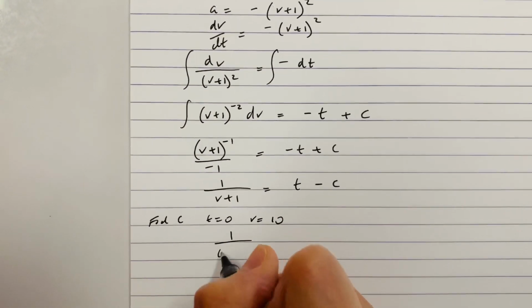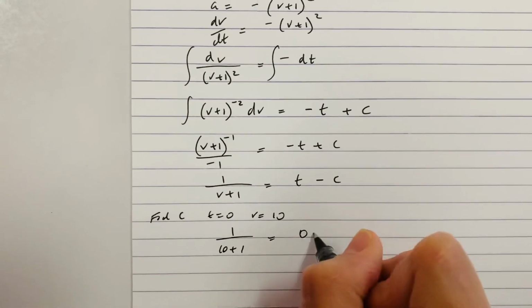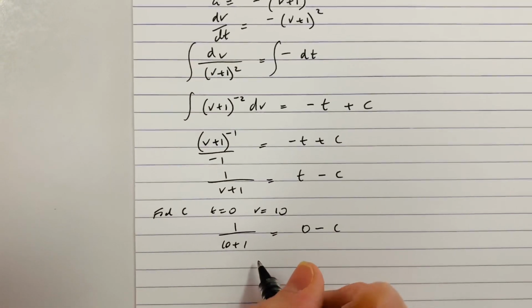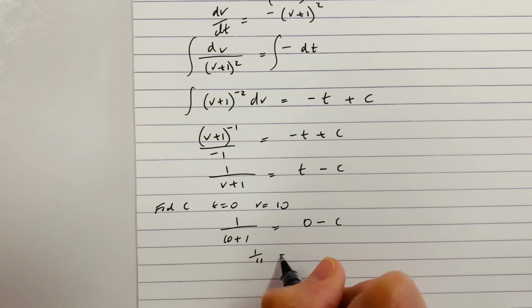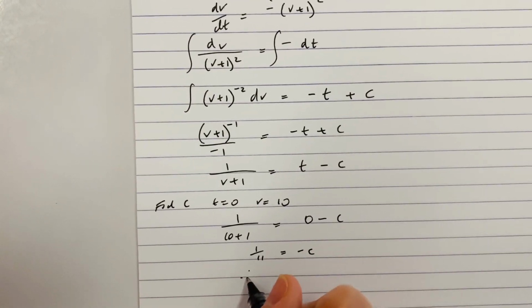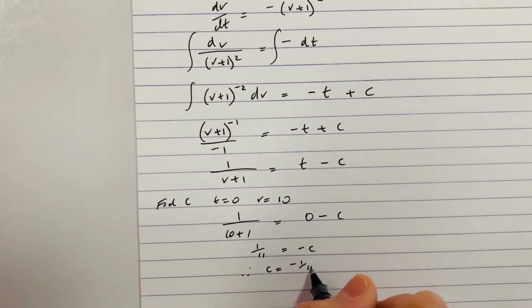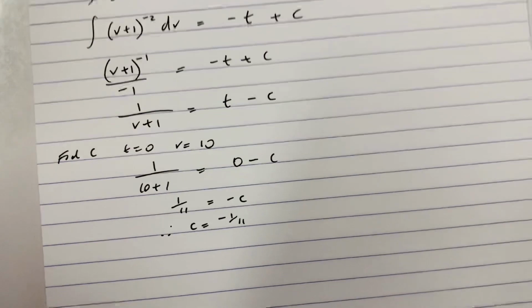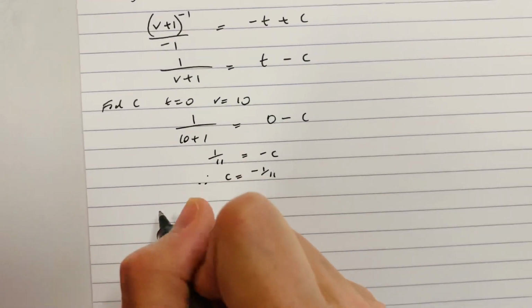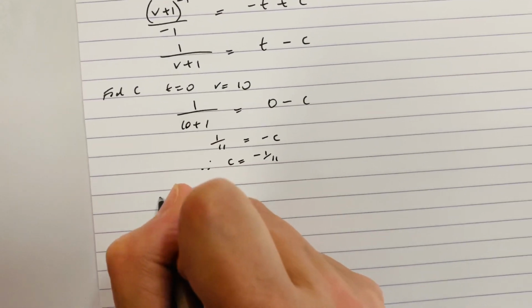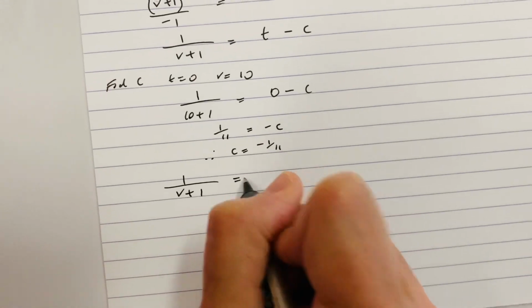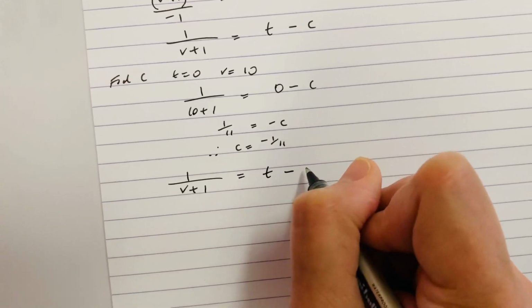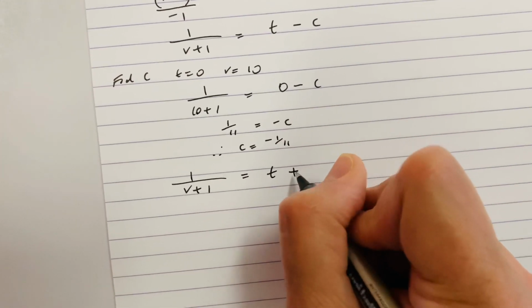So I'm going to have 1 over (10 plus 1) equals 0 minus c. Then of course I'm going to have 1/11 is minus c, therefore c equals negative 1/11. Well, not a huge, super nice number, but it's not too ugly either. So 1 on (v plus 1) equals t minus, now minus minus, so it's going to be plus 1/11.